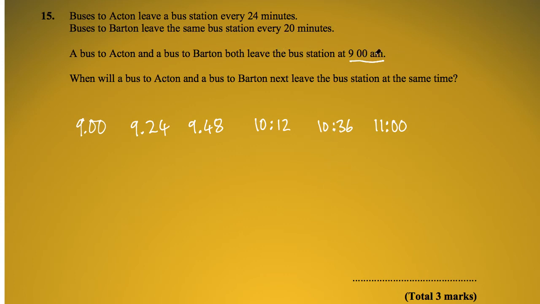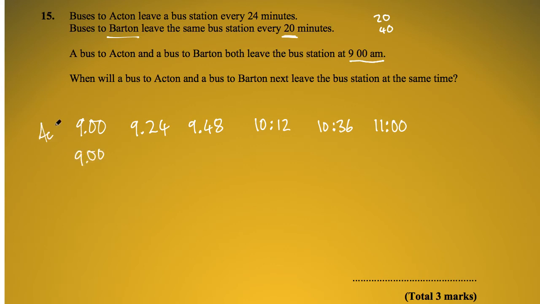I'm going to stop there because I know that Barton leaves every 20 minutes. And that means that as I add the 20s, it's going to be 20, 40 and then the hour, and 20, 40 and then the hour. So I've been carrying on adding until I get to something that ends in a 0. And let's hope that it works. I know that it will work already.